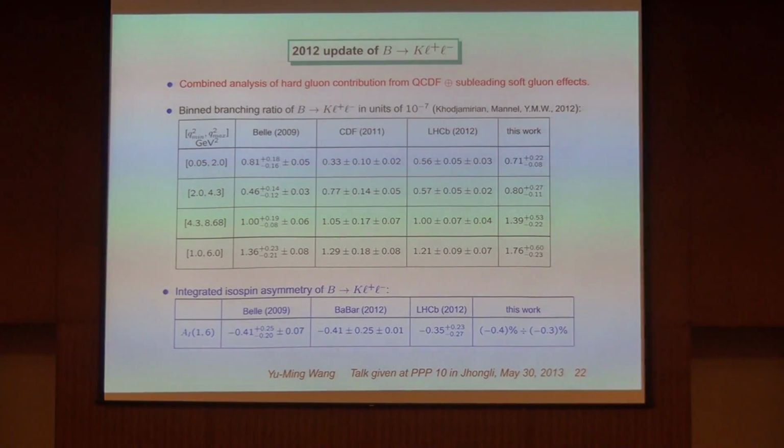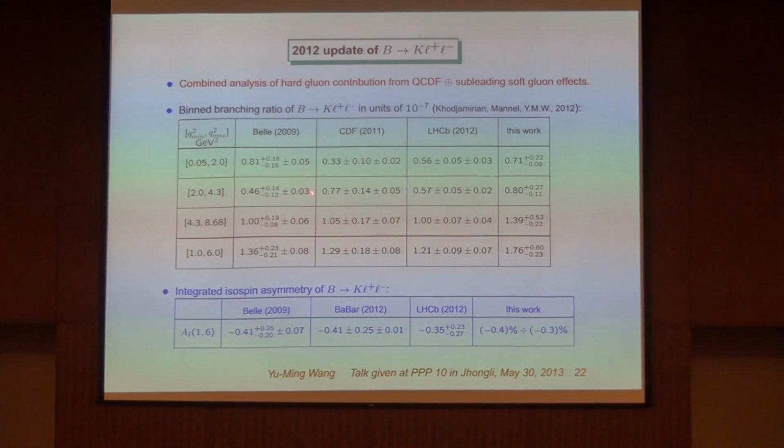Since we have both the hard collinear and hard gluon exchange contributions computed in QCDF, and also the power-suppressed soft gluon contribution computed in Khodjamirian's approach, it will be interesting to combine these two analyses together and see what happens phenomenologically. We updated the B to K ll decays at the end of 2012, and here are the current results for the binned branching ratio of B to K ll.